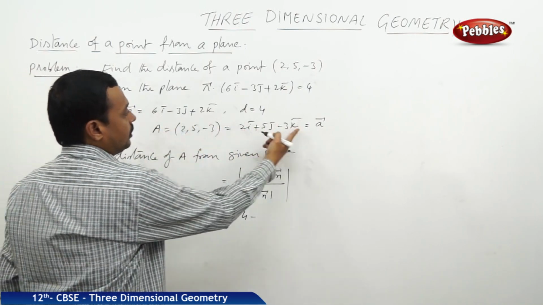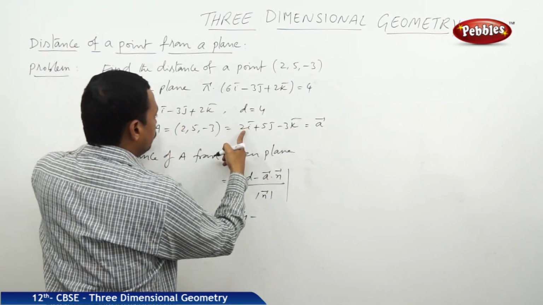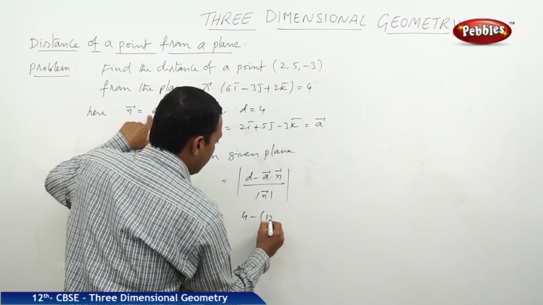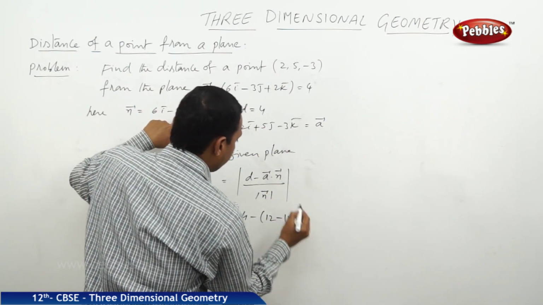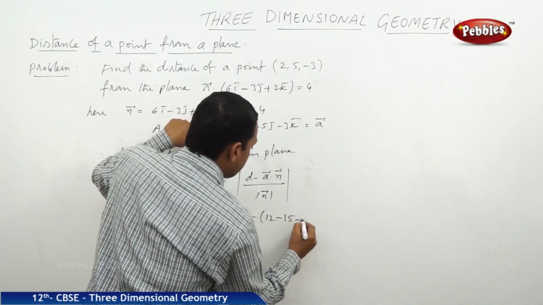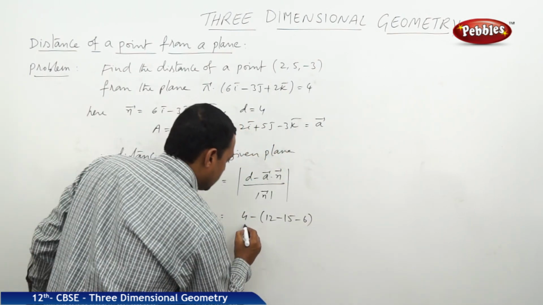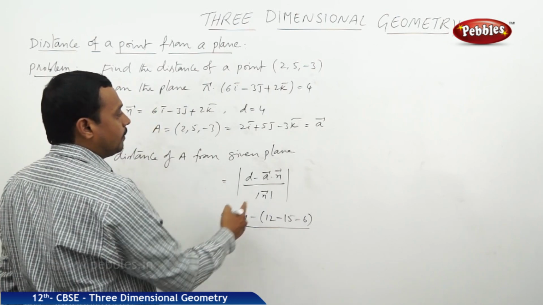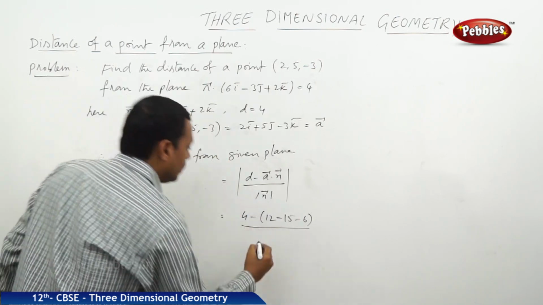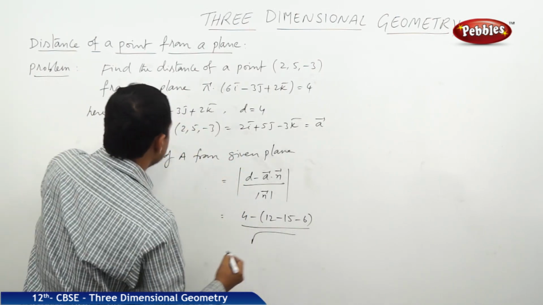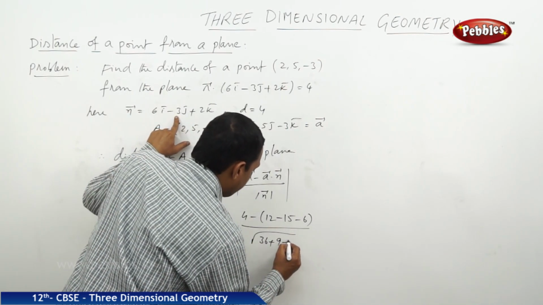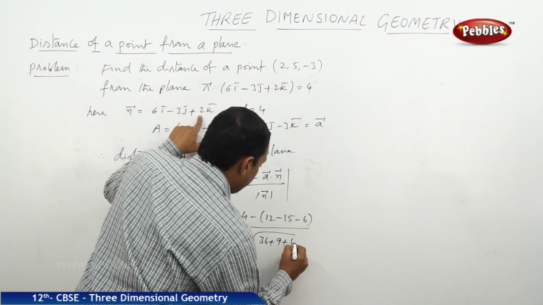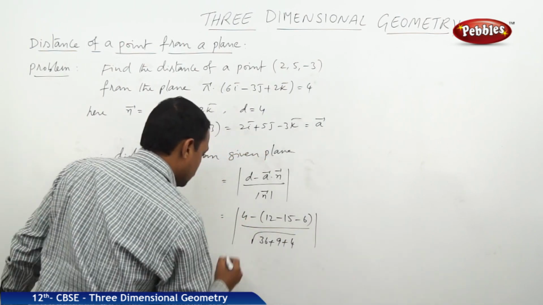What is the dot product between these two? 6 into 2, 12, minus 3 into 5, minus 15, 2 into minus 3, minus 6, by the magnitude of n, that is root of 6 square 36 plus minus 3 square 9, 2 square 4, under modulus.